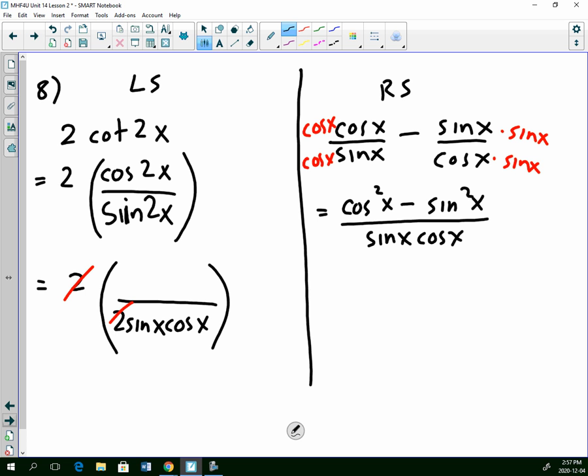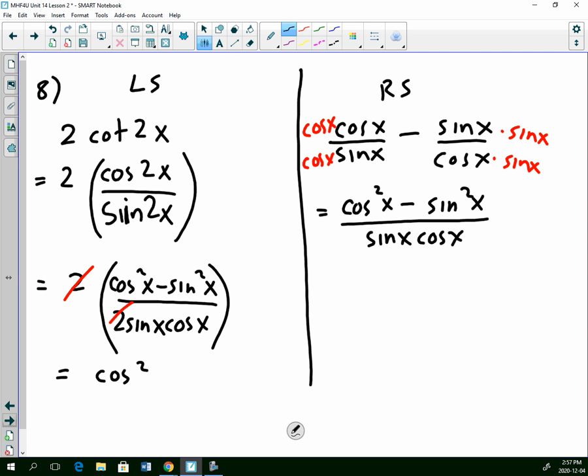Well, the other side, the numerator is cos squared x minus sine squared x. So when I'm picking my form for cos 2x, because there are 3 versions, I want to pick the version that's going to help me. And the version that I'm going to use is cos squared x minus sine squared x, because that's one of the 3 that I could use, which is the one that's on the right.